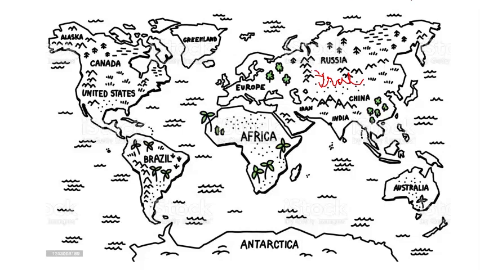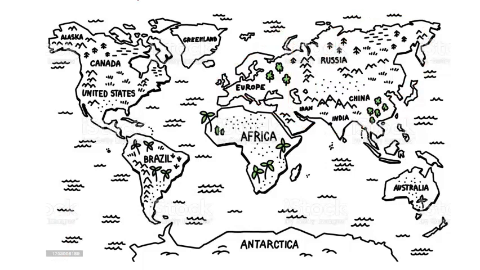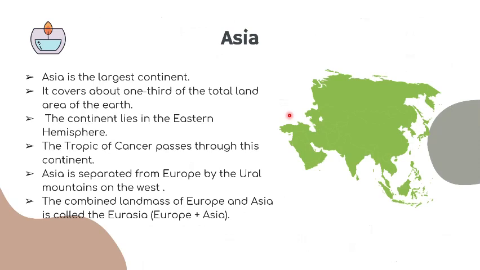They separate Asia, which is this whole part, from Europe, which is this whole part. In comparison, Europe is smaller, but still it is a continent. So the answer is that Asia and Europe are separated by the Ural Mountains.